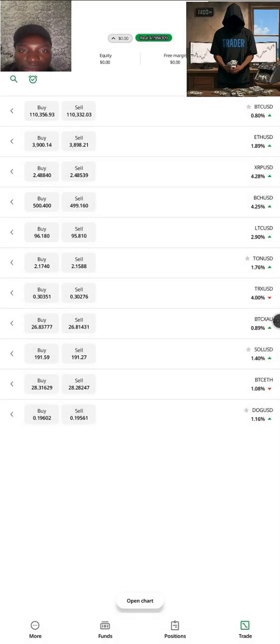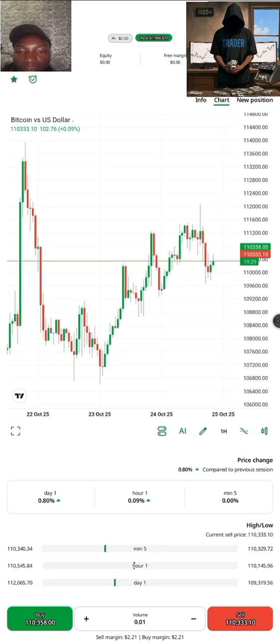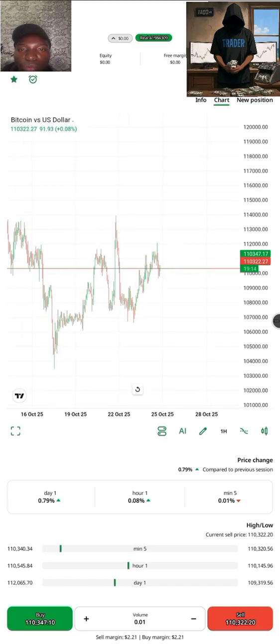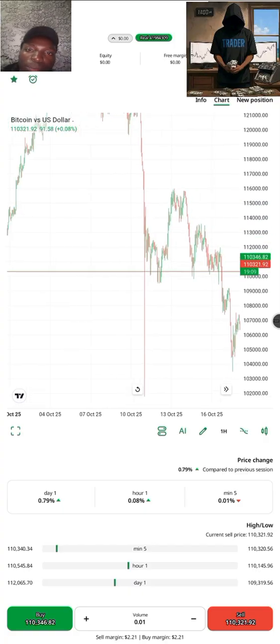The next one is cryptocurrency. Cryptocurrency is Bitcoin, the biggest, Ethereum, Solana. The first one is Bitcoin. Bitcoin is 2.21. Bitcoin has fallen for the past month because Trump has been on social media quarreling with China because of gold.